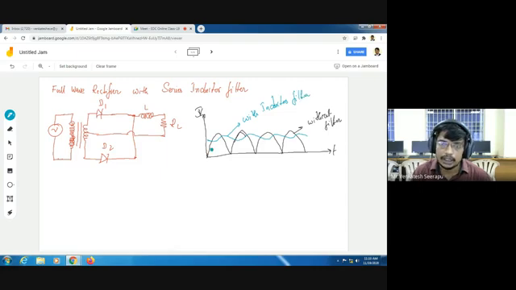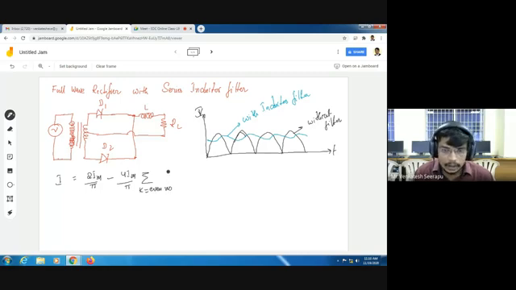And the equation for this one, I am writing a current equation. I is equal to 2Im by pi minus 4Im by pi sigma. Here k, let us consider k is an even number.